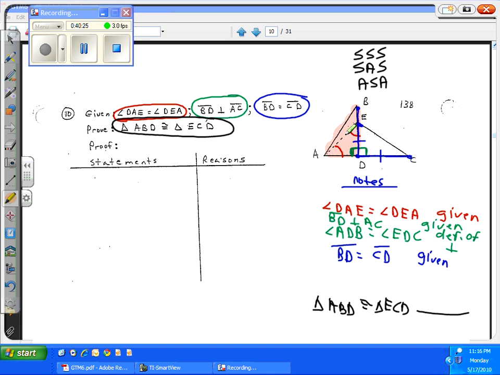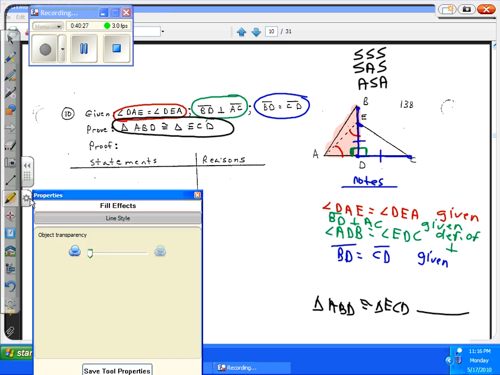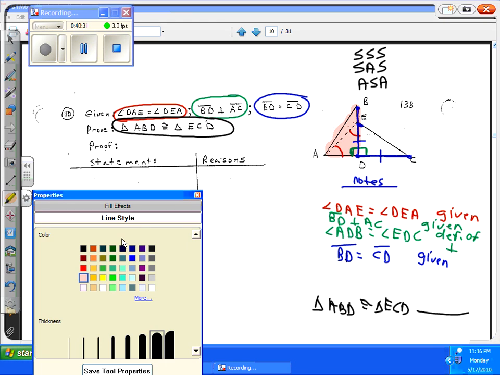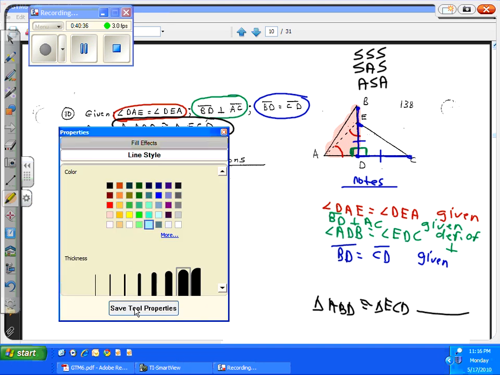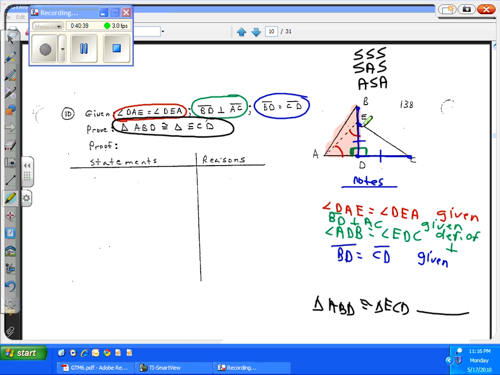We're trying to prove that this triangle BDA is congruent to this triangle over here, which is triangle ECD.